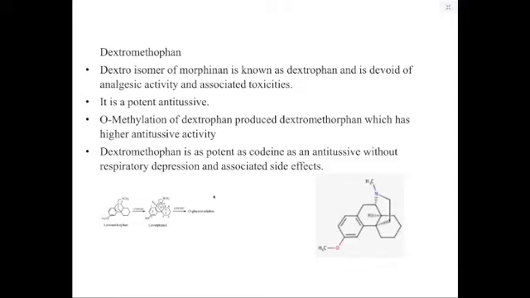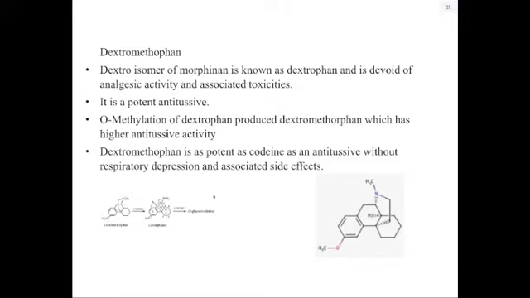The next time you get an opportunity, I believe you are going for your ward rounds, kindly look for cough syrups. Even when you go to the chemist, you will see some cough syrups contain dextromethorphan. Dextromethorphan has very minimal toxicities because, one, it is a dextro isomer, and the dextro isomer has minimal analgesic activity.